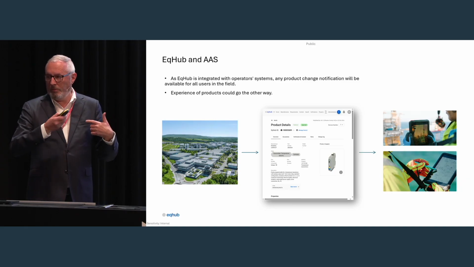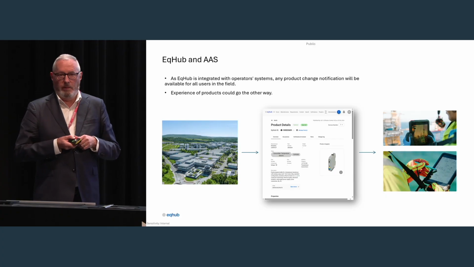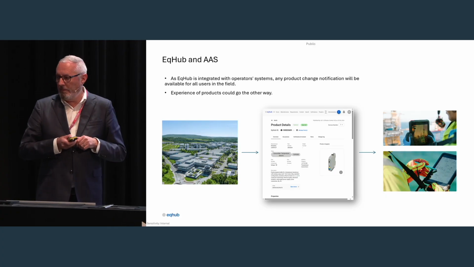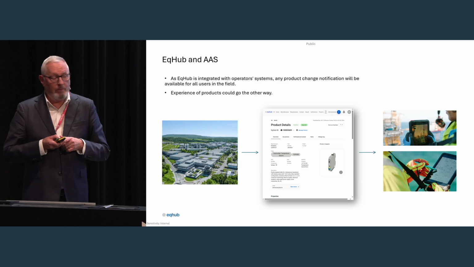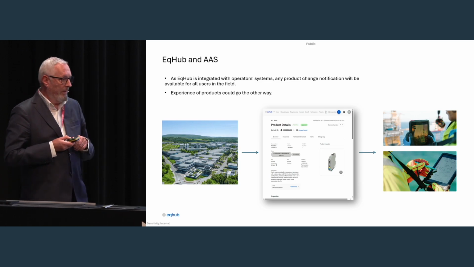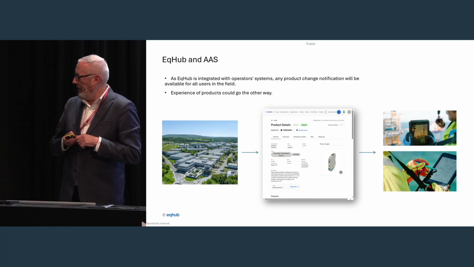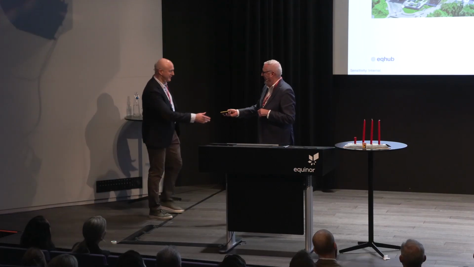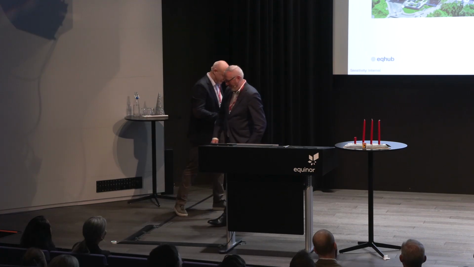So what can we use this link for when it comes to communication, training, feedback? We haven't talked too much about that. Okay, then I think I'll leave some time for you as well. Yeah. Thank you.